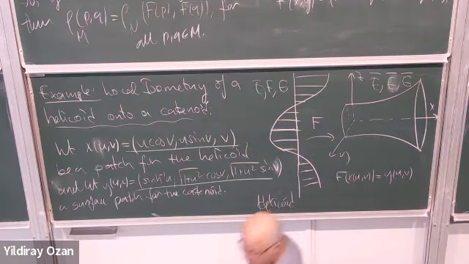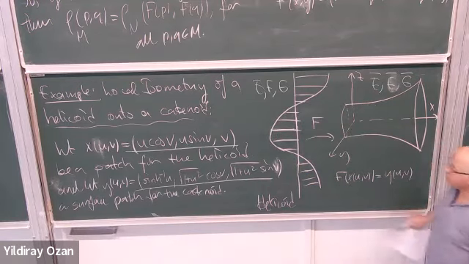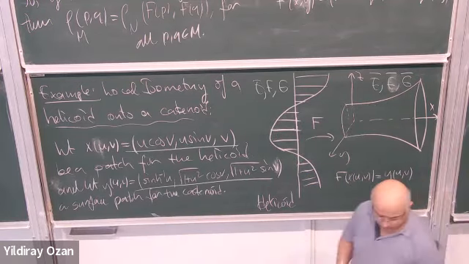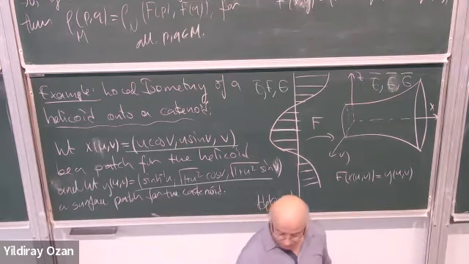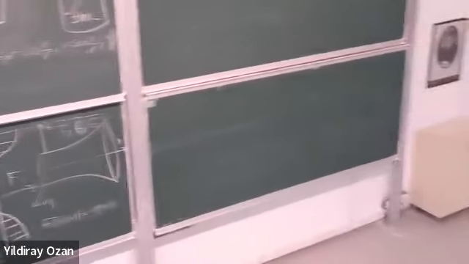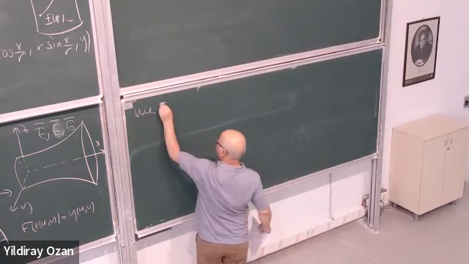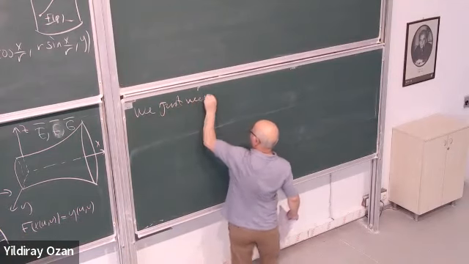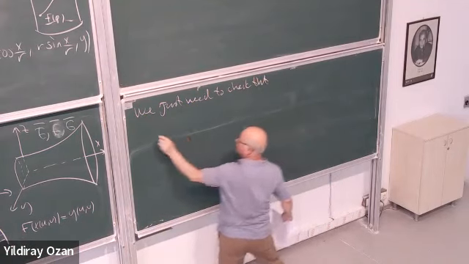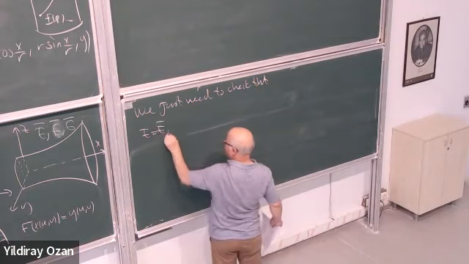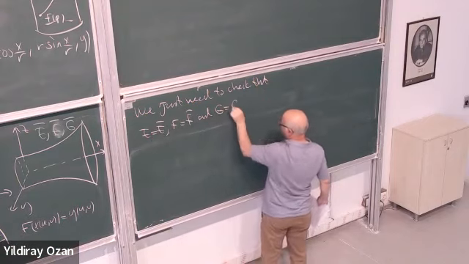To show that F is an isometry is equal to showing that these gauges are the same. This was also something we proved last time. So we just need to check that E equals E bar, F equals F bar, and G equals G bar.